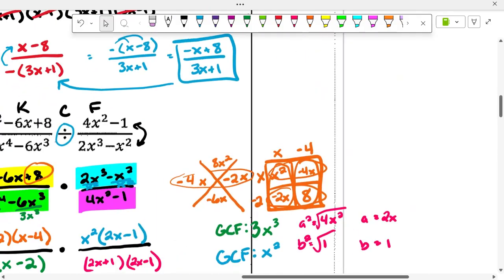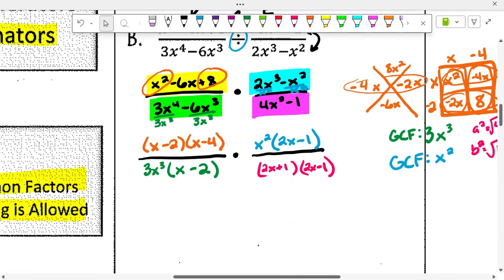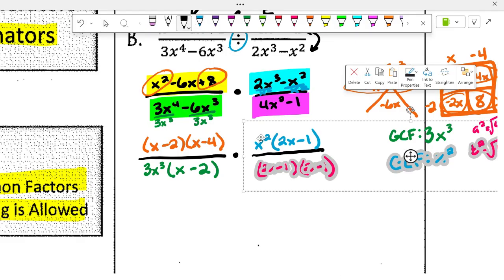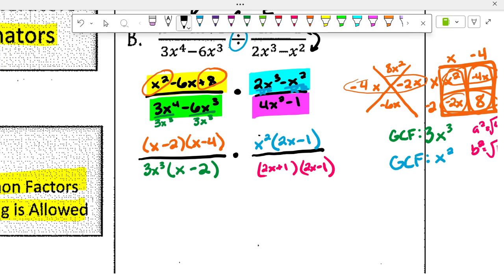Now, my next step is I'm going to write my factors together as one fraction. Something to note, if you have a monomial anywhere, like the x squared and the 3x cubed, I always try to write those at the very front. Remember, it doesn't matter the order of the factors because we're just multiplying them, and multiplication is commutative, meaning you can rearrange the order and still get the exact same thing.